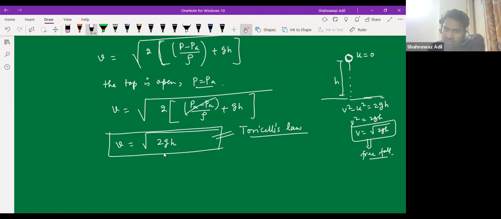So this fluid will fall like a free fall. That is what Torricelli's law states. If we have the open surface, then the velocity with which the water comes out will behave like a free fall.